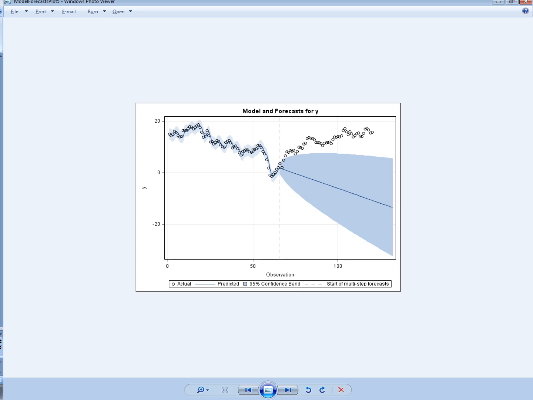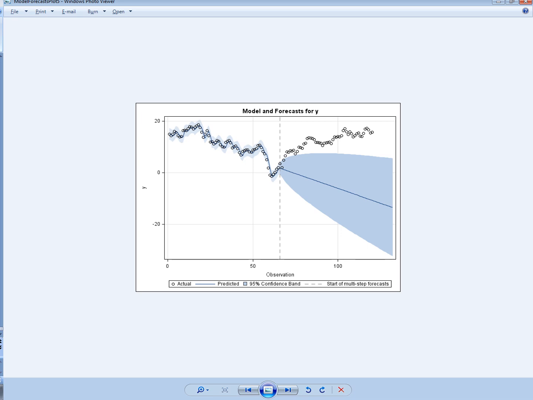So what's going on with this example? This example is, one, showing us the proc ESM code and how to use it. It's also a cautionary tale that exponential smoothing can work really well, but with noisy data, if we don't use it appropriately, it can work pretty poorly as well. How would I analyze a data set like this?